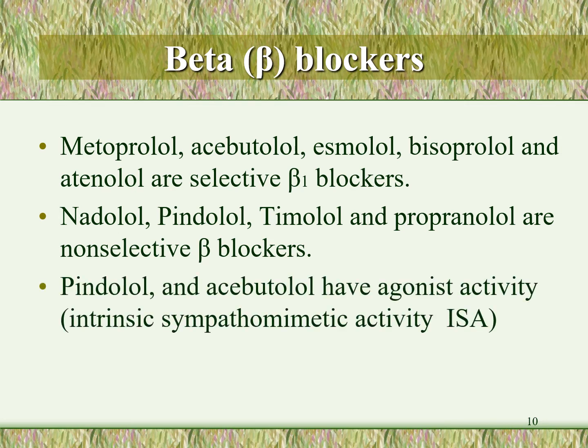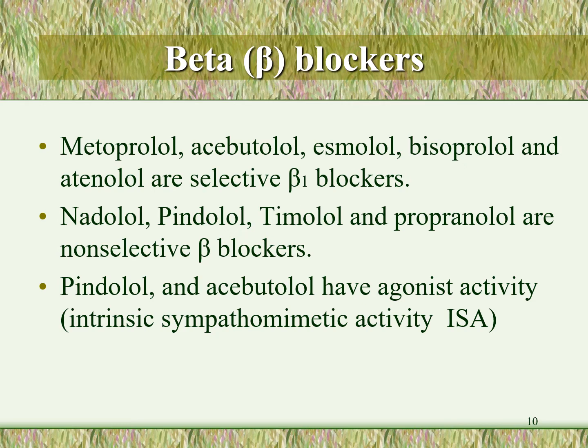Among the beta blockers, some drugs have a partial agonistic effect. We know the partial agonist: drugs that can produce a submaximal response, having an agonistic effect when compared with the full agonist. It can be considered a partial agonist because it will not produce the maximal response. We have some types of these drugs among the beta blockers, such as pindolol and acebutolol, which have agonist activity.